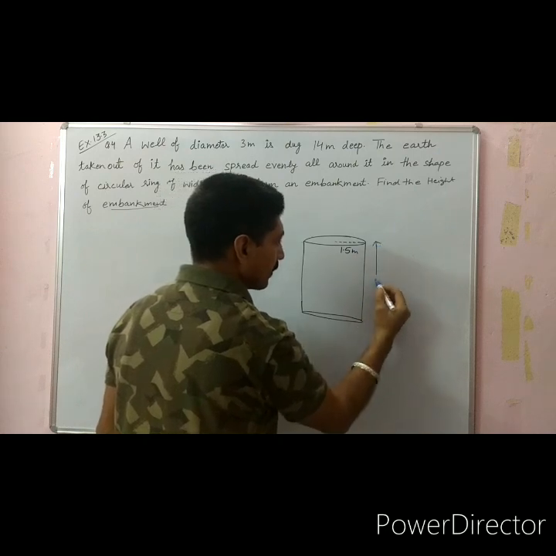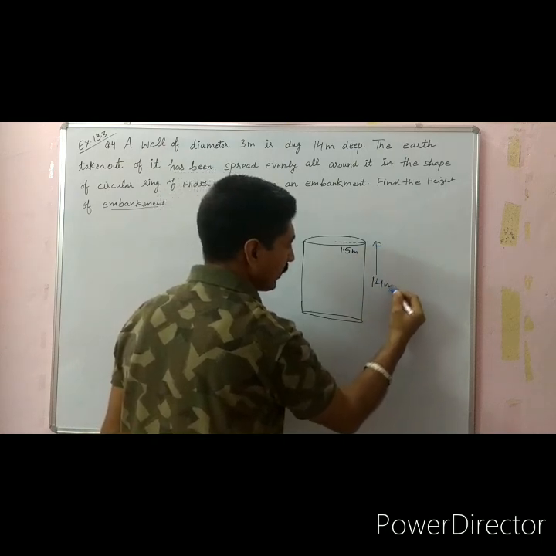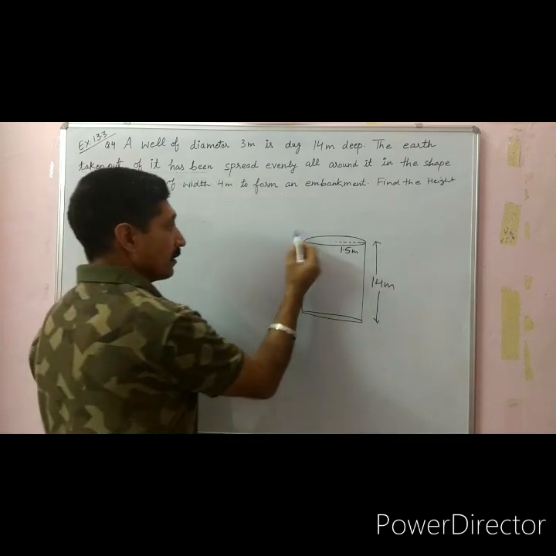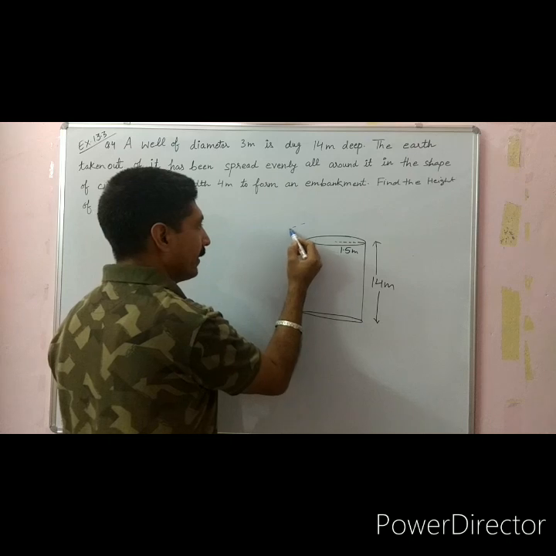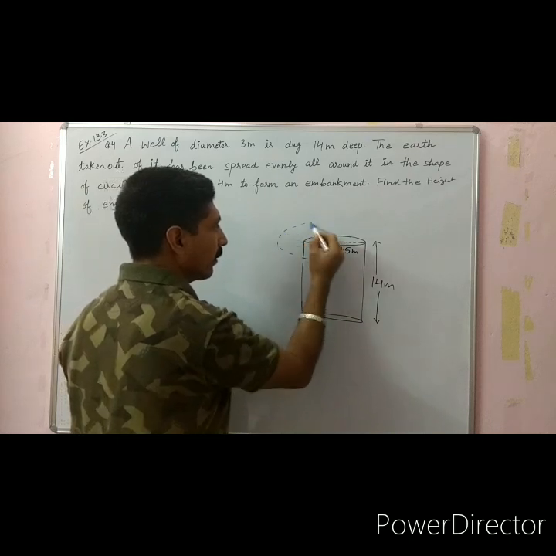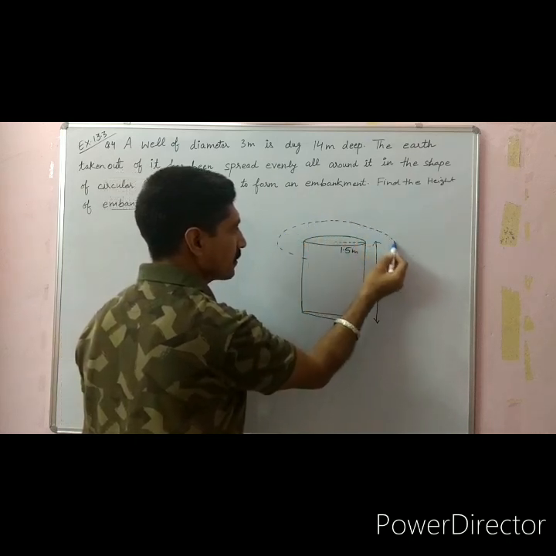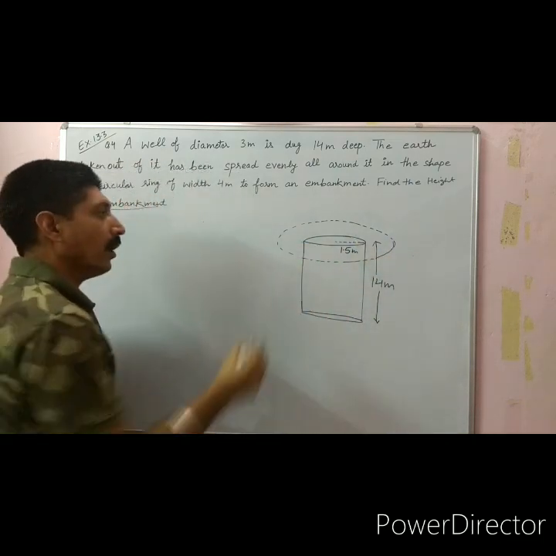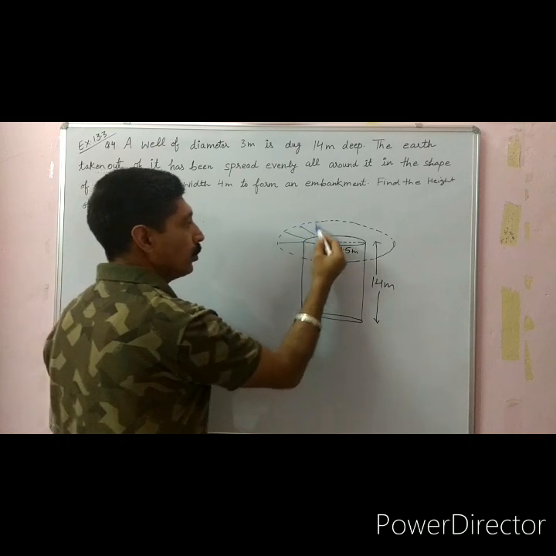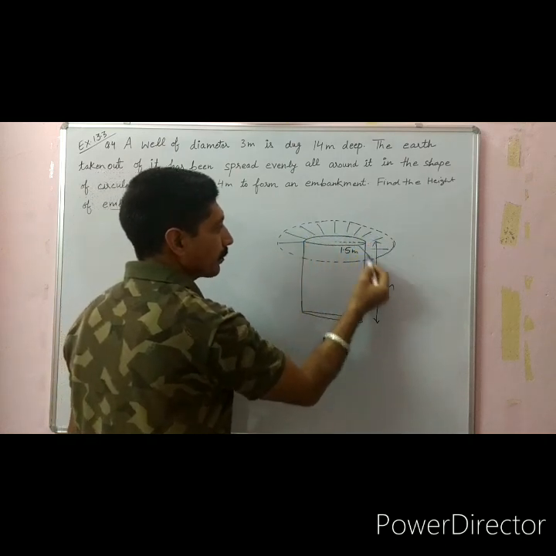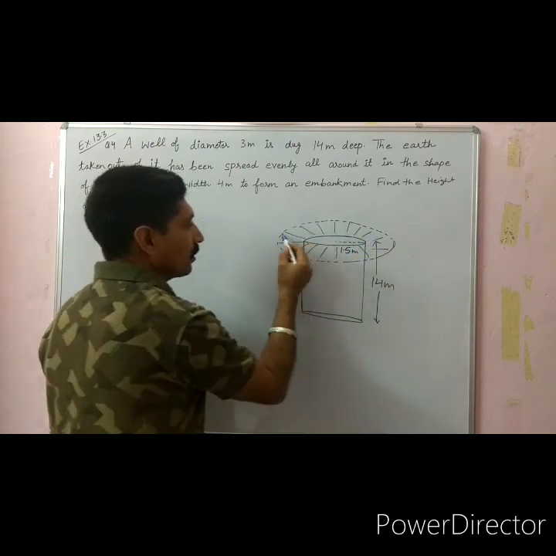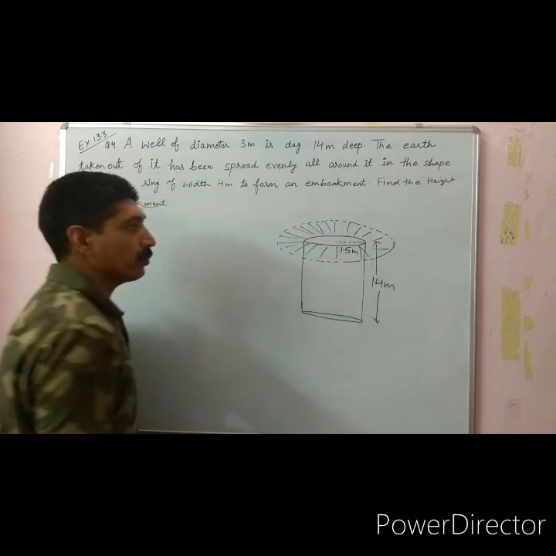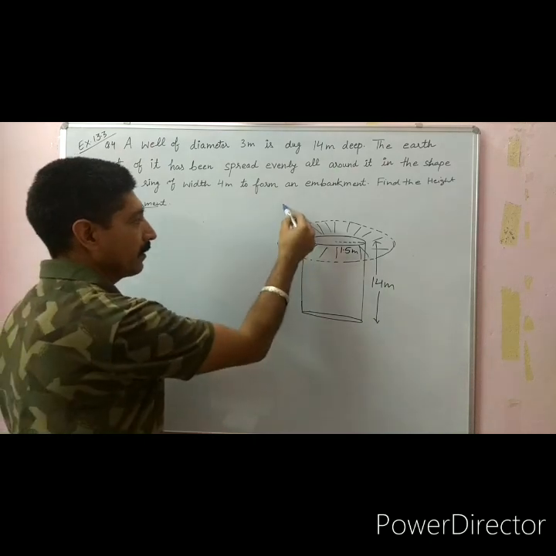So the depth is 14 meter. Now the 4 meter wide ring on the surface: we want to throw the mud on this circular ring.